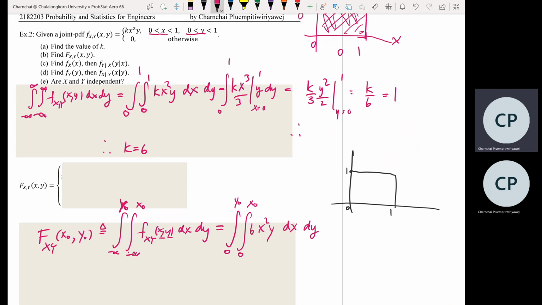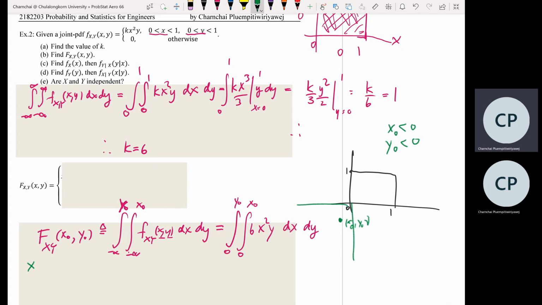The problem is that it depends on the value of x naught, y naught. Suppose x naught is less than 0 and y naught is less than 0, would it work? It's going to be 0, right?